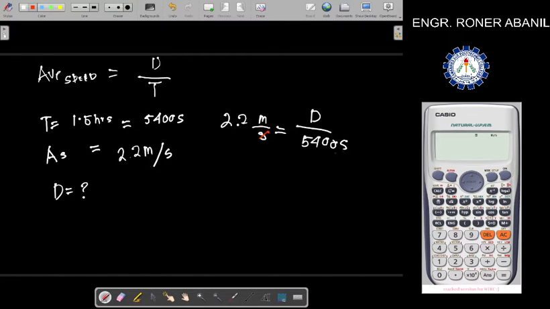Makakancel. So, using our calculator, mapapalabas natin yung answer. No? I-multiply na lang natin. 2.2 times 5,400.